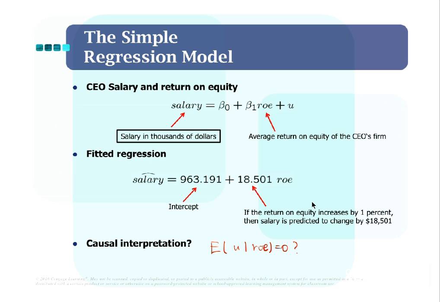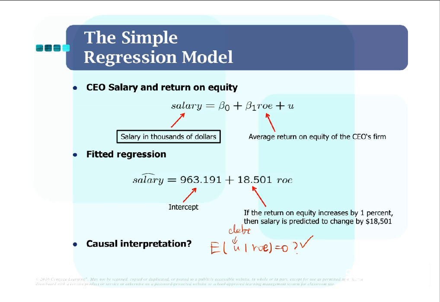If we consider this u to be debt, then it's most likely that debt is uncorrelated with ROE.